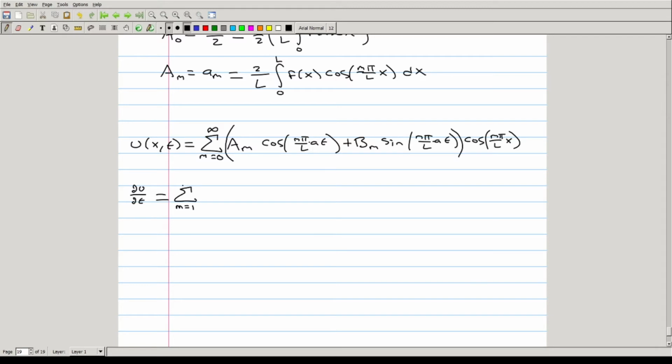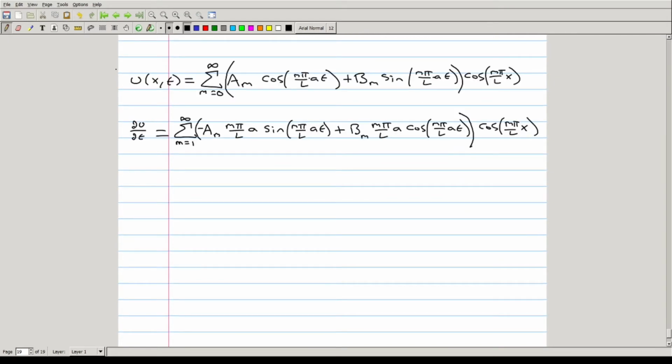And this will result in the sum from m equals 1 to infinity of Am times -1 times m pi over L a times sine of m pi over L at plus Bm times m pi over L times a cosine of m pi over L at, all of this times cosine of m pi over L x.